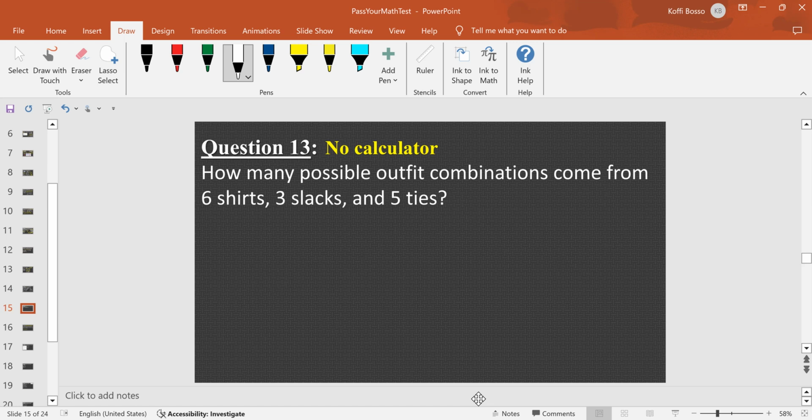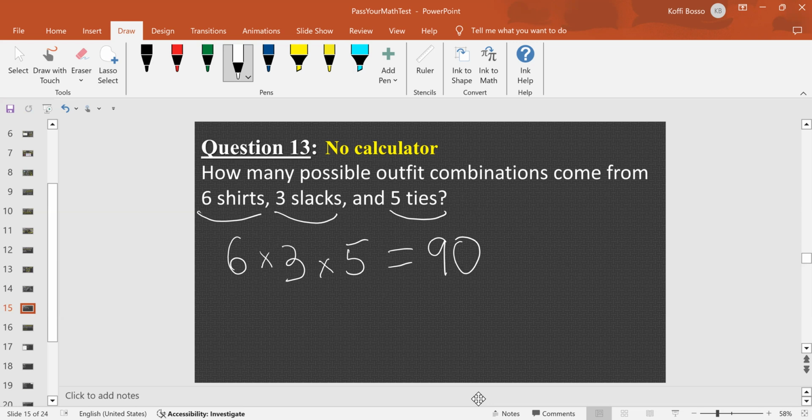How many possible outfit combinations come from it? So that combination is just 6 multiplied by 3 multiplied by 5. That gives you what? 90. Yeah, simple like that.